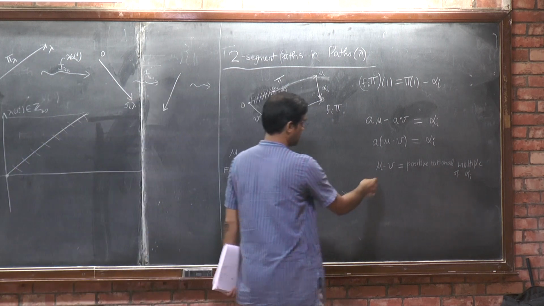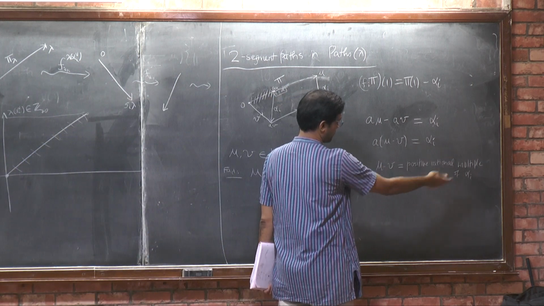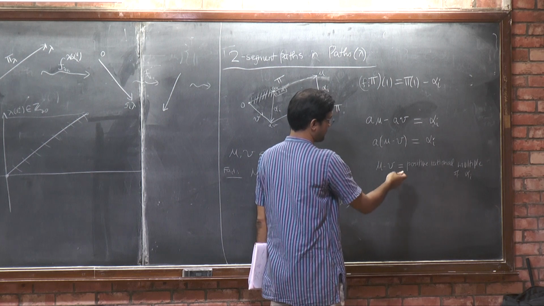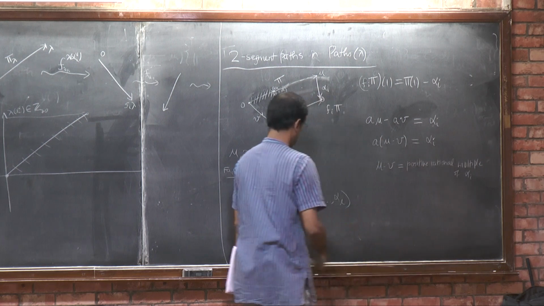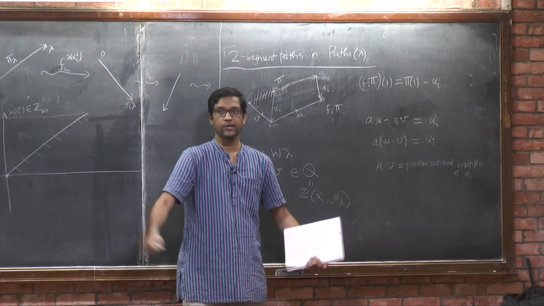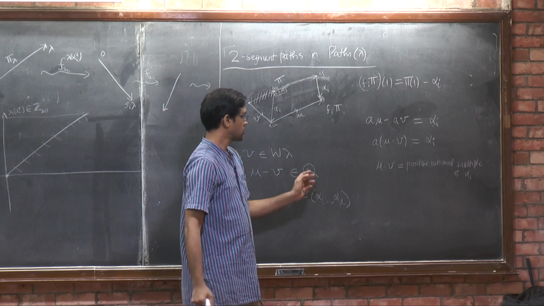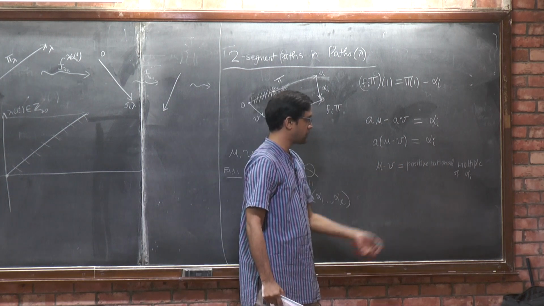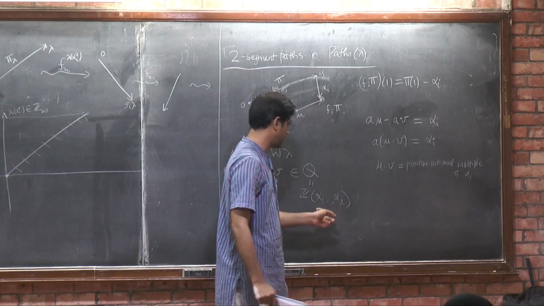So in particular, mu minus nu is some positive rational multiple of alpha I. We know already that it's an integral linear combination of the alpha i's. So here it's a positive rational multiple of a single alpha I, which means that multiple must in fact be an integer.